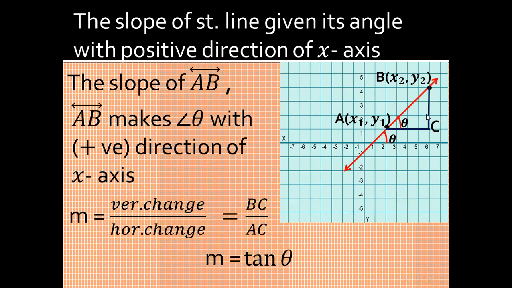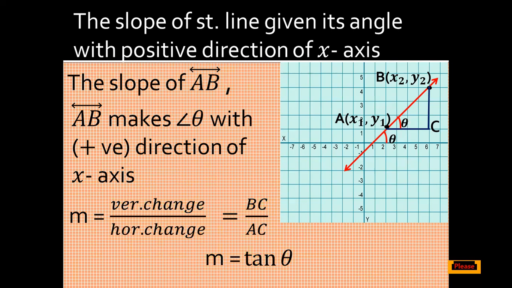BC represents the opposite side to the angle theta, and AC represents the adjacent side to the angle theta. Then opposite divided by adjacent from trigonometry equals tan theta.